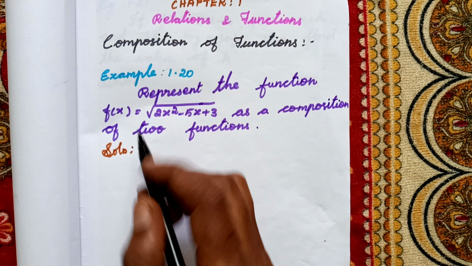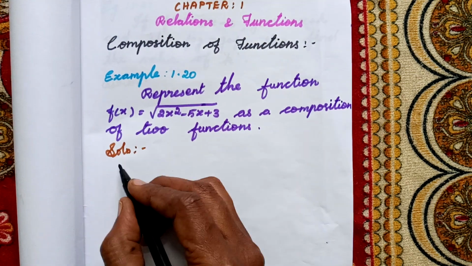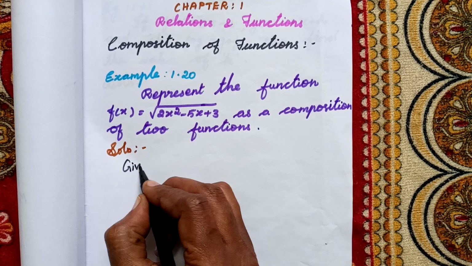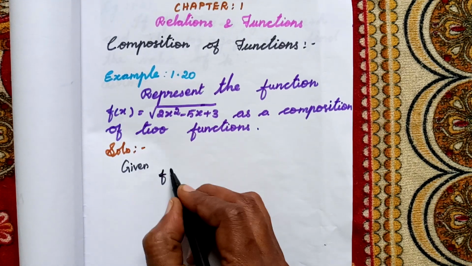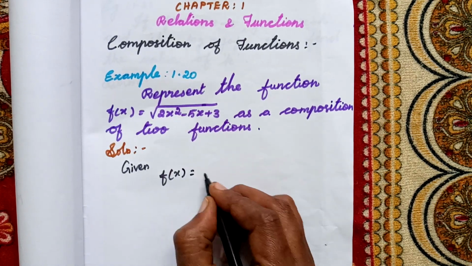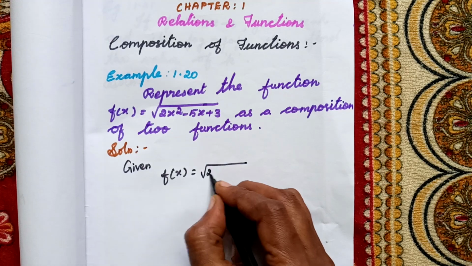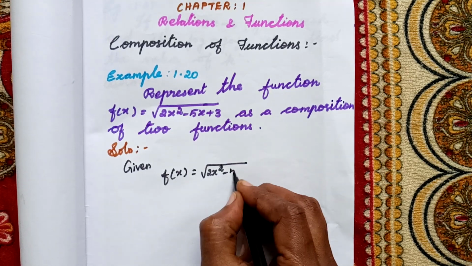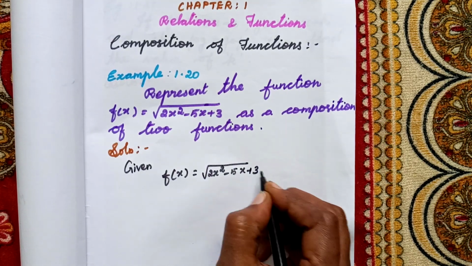The given function is f(x) = √(2x² − 5x + 3).